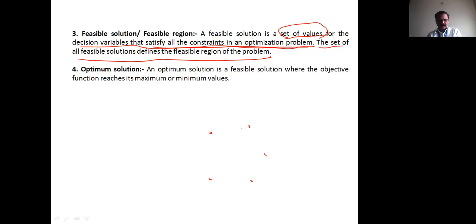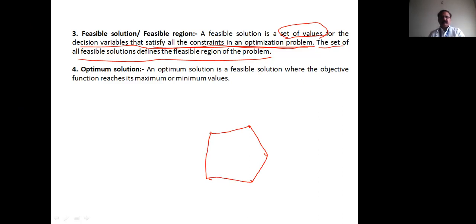As discussed earlier, an optimization problem has more than one solution, that is, different solution values for the decision variables that satisfy all the constraint equations. Simply, what is the feasible region? It is the region which is bounded by the values of the feasible solutions.